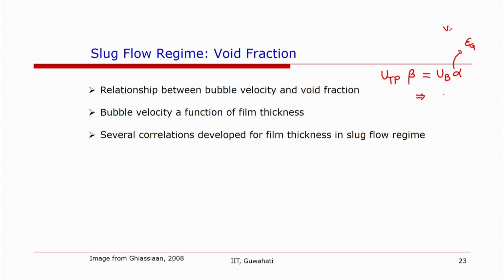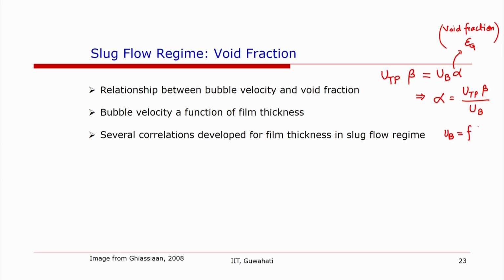So please do not confuse, it is the same as we have used in the Taylor flow discussion. This void fraction is epsilon g. So this alpha is equal to UTP beta over UB.